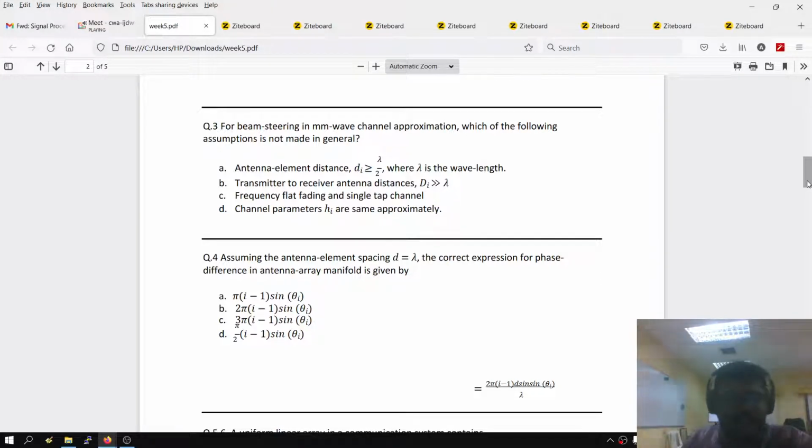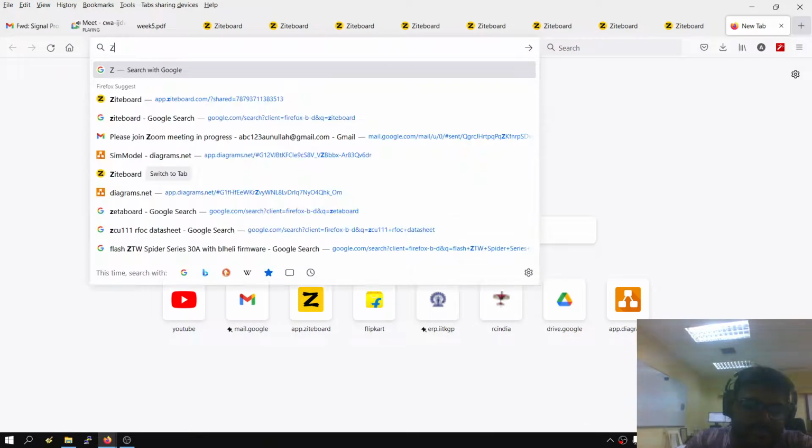So let us go to question number 4. Assuming the antenna element spacing d is equal to lambda, the correct expression for phase difference in antenna array manifold is given by. So this is a well-known equation. Let me derive this.